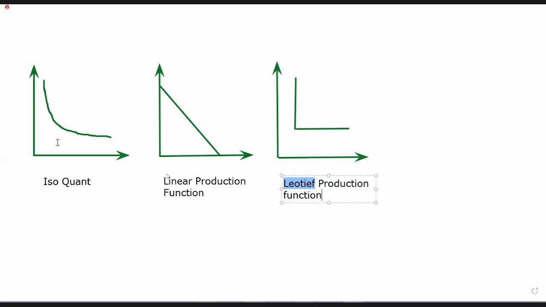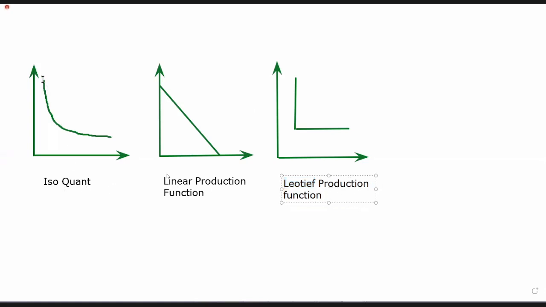But to explain the Cobb-Douglas production function, I use this, just to explain. So in the long run, you can identify these types of production function: isoquant, linear production function and the Leontief.